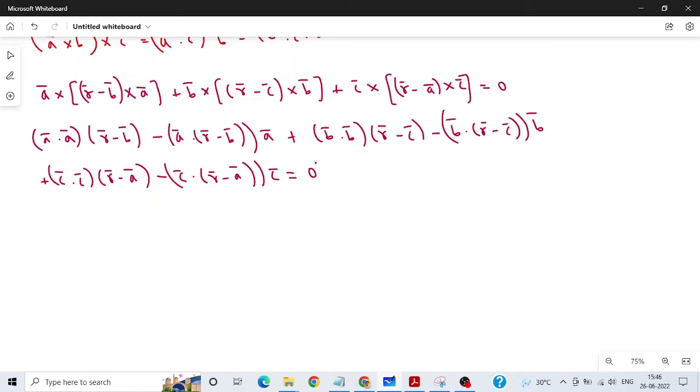This is equal to 0. So we just have to apply the above formula three times.